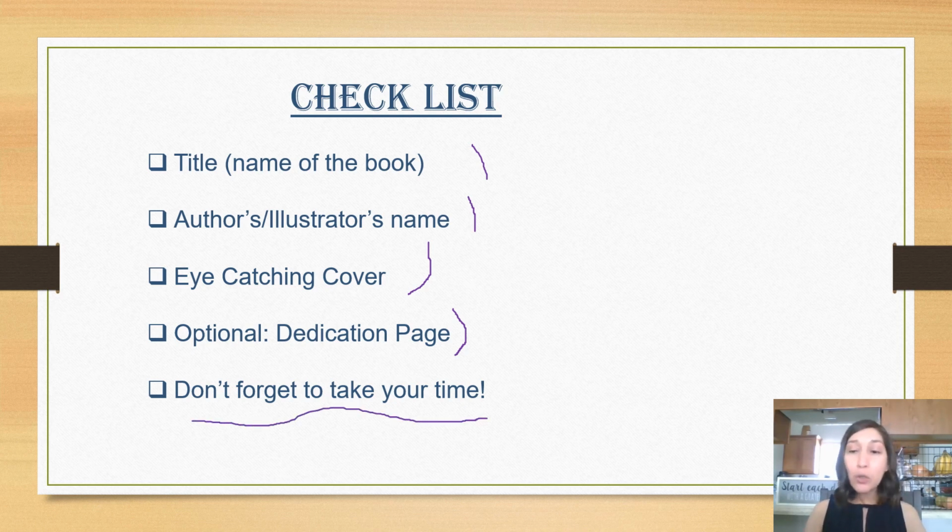Don't rush through it. Make sure you have a really, really amazing cover to go along with all your amazing poems. And then be ready to share at your next Zoom session with your class. You'll be sharing your published books, our mini celebration, okay? So have a great day, friends, and let's get finishing our published books.